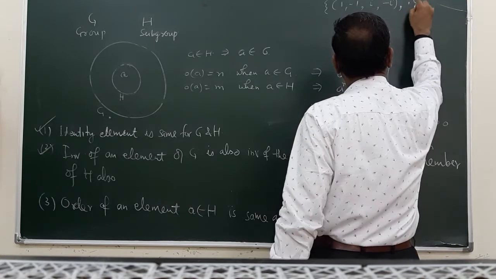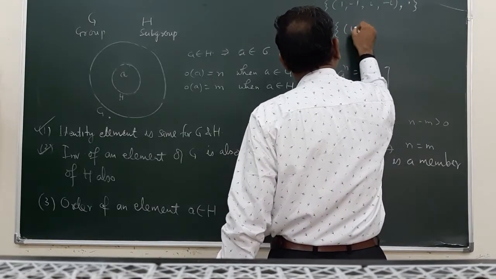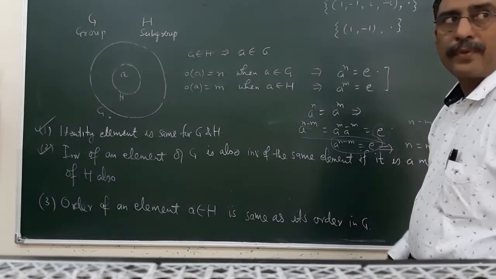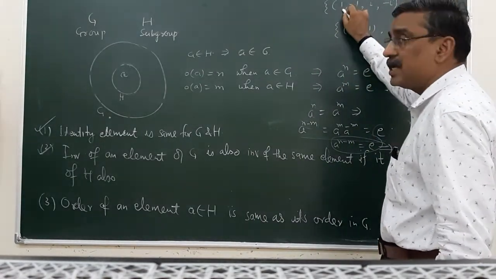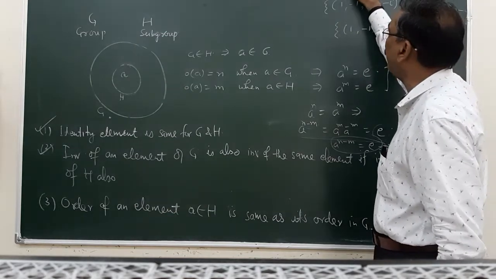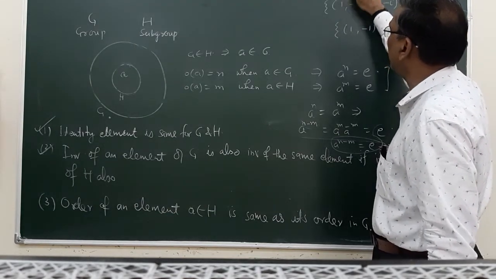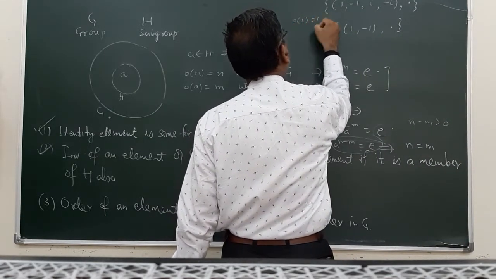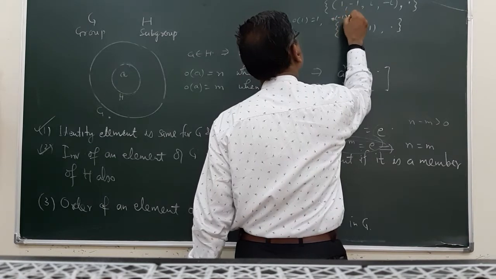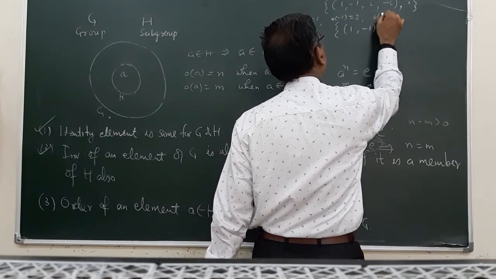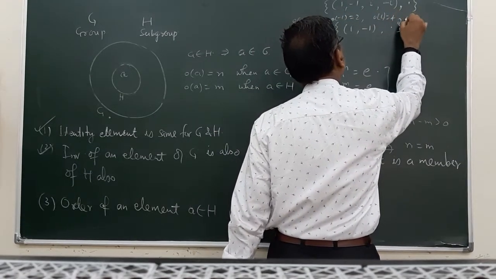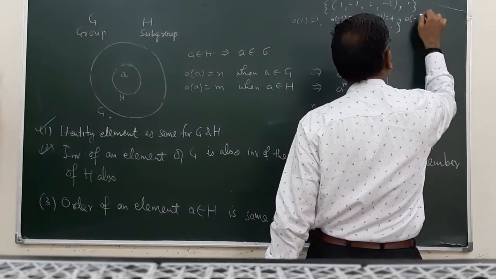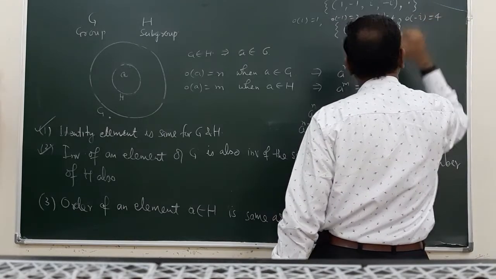As earlier, I used this as a group, and 1, minus 1 is a subgroup. We know the order of 1 is 1, order of minus 1 is 2, order of iota is 4, and order of minus iota is 4.